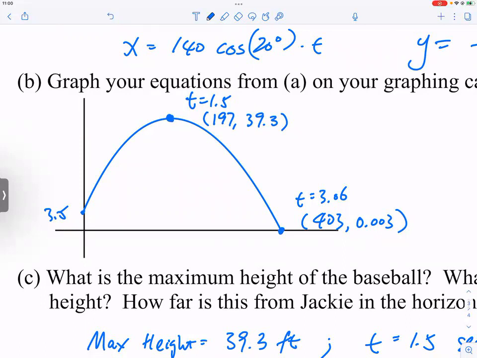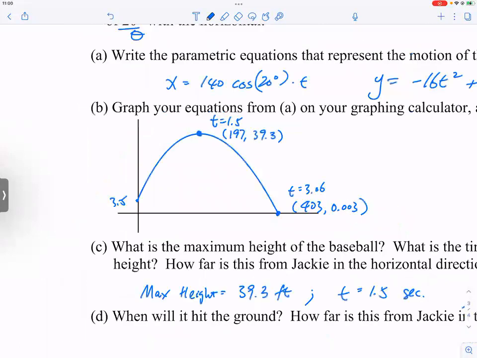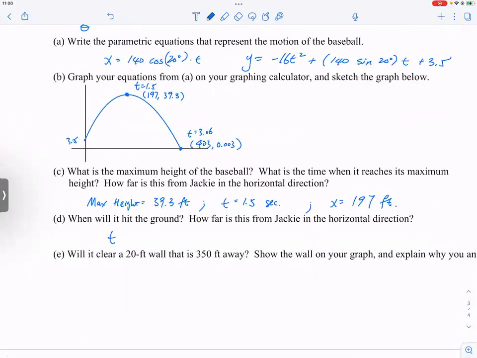So when would it hit the ground? Time is equal to 3.06 seconds. And how far is this from Jackie in the horizontal direction? So x equals 403 feet. All right, so that's part D.